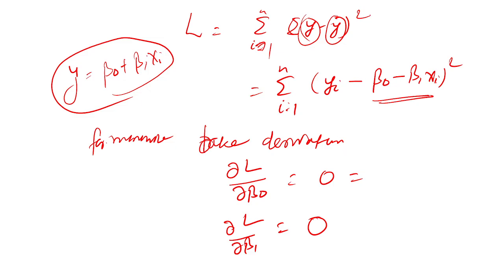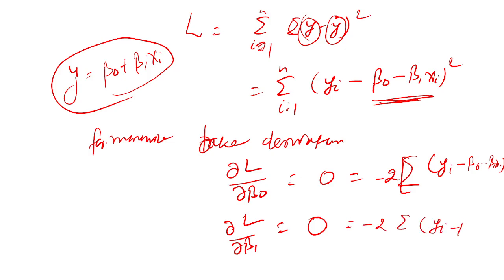If we differentiate this, we get minus 2 summation of (yi minus beta naught minus beta 1 xi), and minus 2 summation of (yi minus beta naught minus beta 1 xi) into xi.